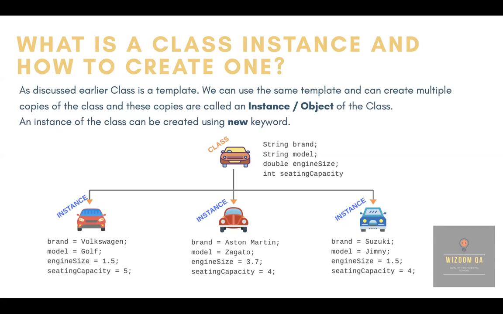You can think about it from that perspective. So brand, model, engine size, sitting capacity, they are all parameters, properties. I kept them in the class file, and then I'm creating instances of it and giving it a life. That's all. We can create the instance using the new keyword. I have explained that to you.